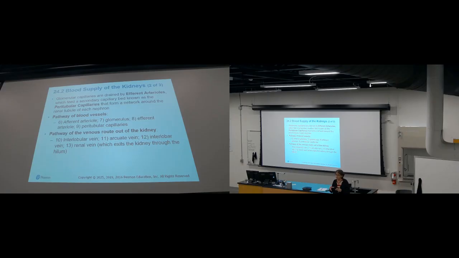And that increases the pressure inside the glomerulus. That's what drives the filtration. So that's what helps for getting rid of wastes. And then the efferent arterioles are going to feed into these peritubular capillaries that are found around the tubules.